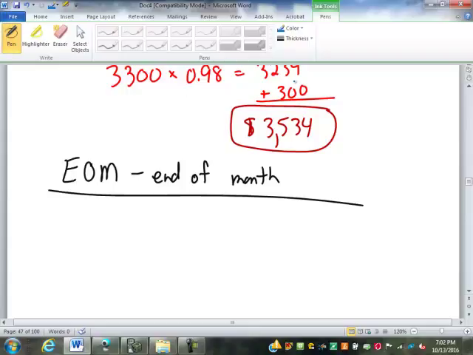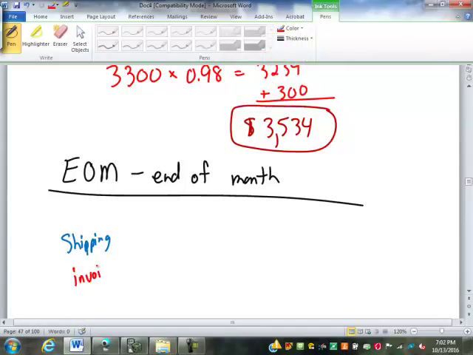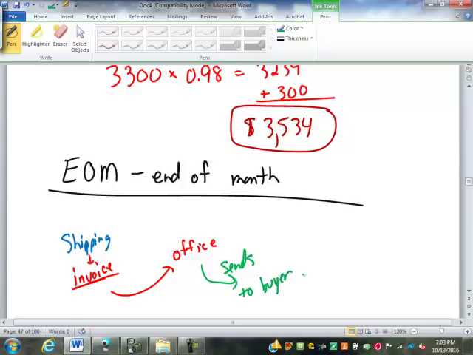When an item is shipped from your shipping and receiving department, at least the copy of that invoice kept by the seller goes from shipping and receiving to the office for bookkeeping. And then that office sends a copy of the invoice to the buyer.